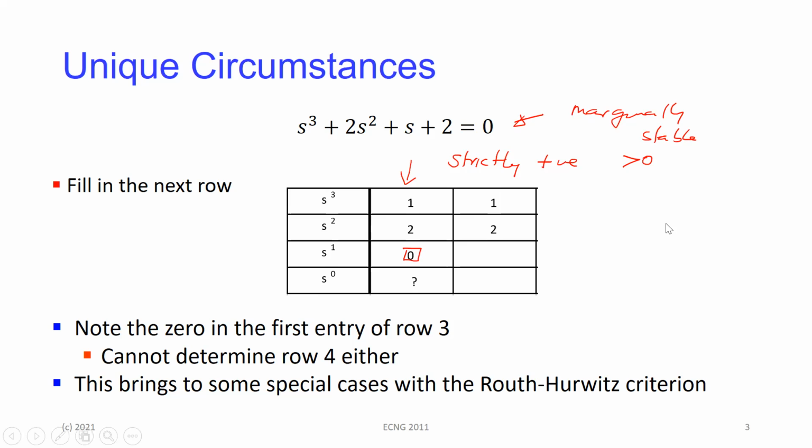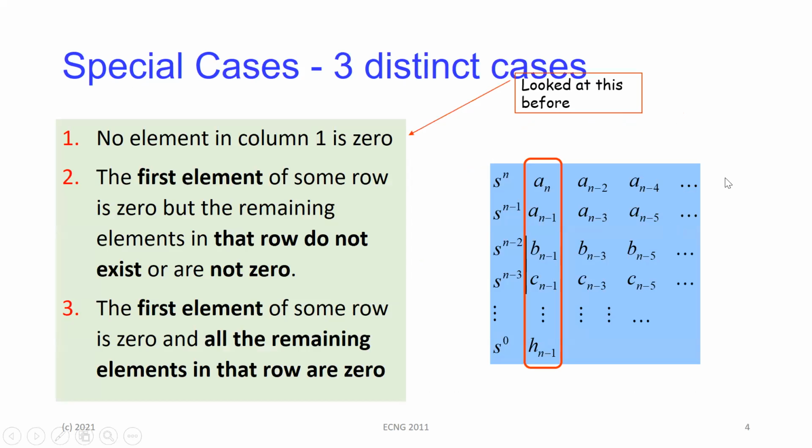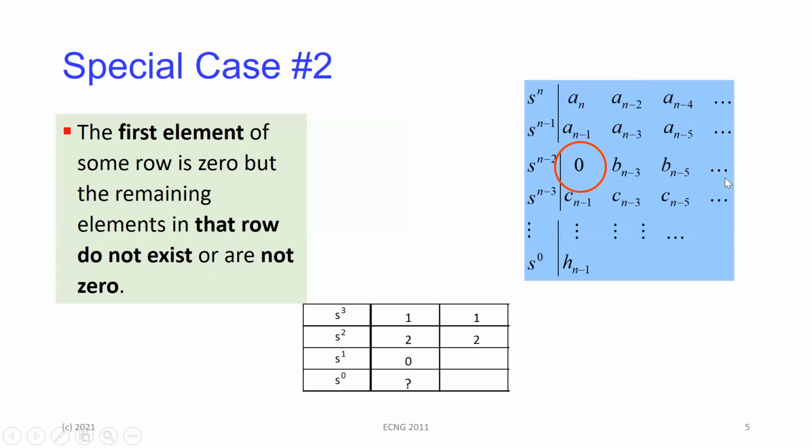What happens in that case now is that we make a little assumption. If the first value in a column now is 0, then in order for us to complete the rest of the table, let's see what happens. What we do is that instead of the 0, we let this be a very small number.